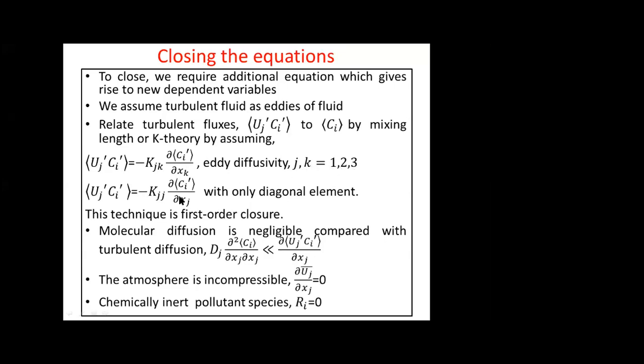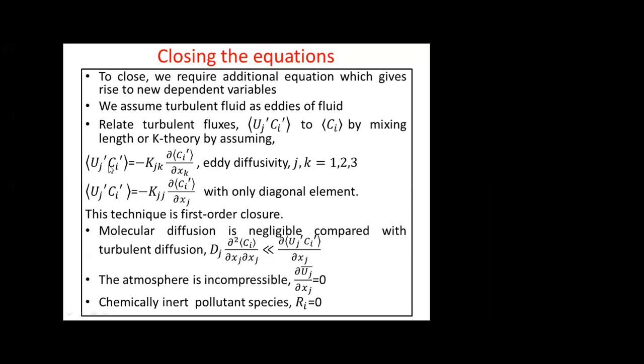When you look into this tensor, all the non-diagonal elements are 0, and we have only diagonal elements, so I can replace jk by jj here. I put this in the equation, and this term is now replaced by a first-order term. That's why it is called first-order closure, or K theory, or mixing length theory.